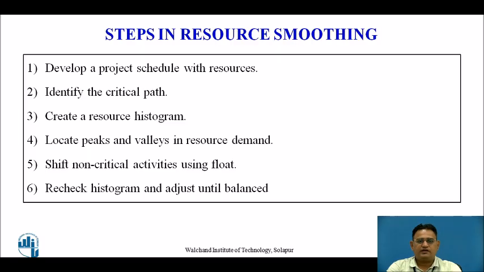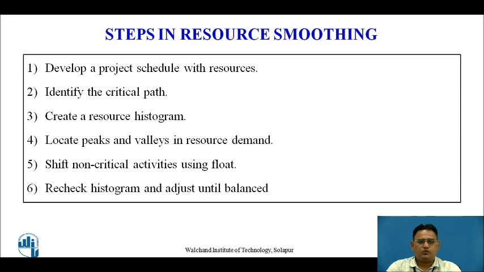Once we know the critical path, with the help of that, we can go with the construction of the time scale diagram, which is a presentation of the network of a project with the time scale, and we can construct the resource histogram. This resource histogram helps us to know exactly the peak demand, or you can say the high demand of the resource for the particular activity as well as for the respective duration.